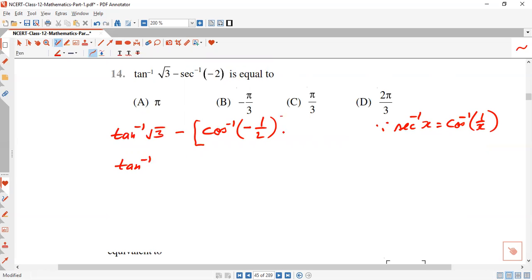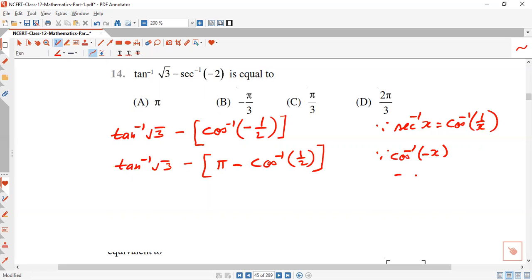So it becomes now tan inverse root 3 minus cos inverse minus half, which can be written as pi minus cos inverse half, and the bracket closed. Since you know cos inverse minus x can be written as pi minus cos inverse x. Open this bracket with the minus sign. So what are we getting? Tan inverse root 3 minus pi, minus minus plus cos inverse half.